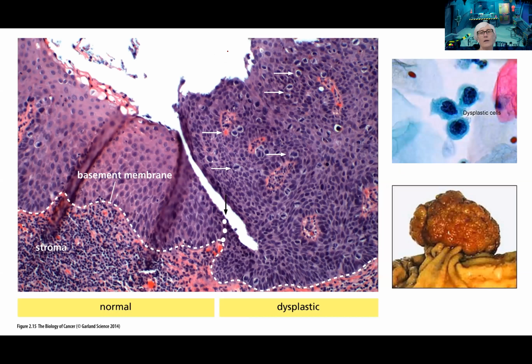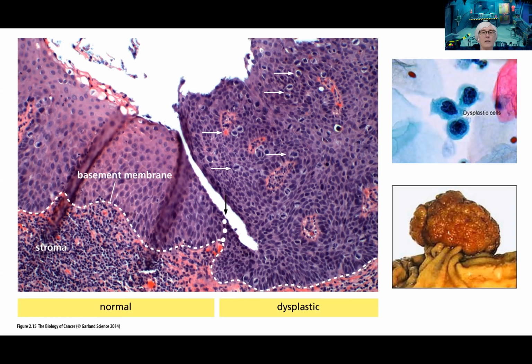Here are a few images, and I'll move my head so that you can see them. A few examples of dysplasia. Right above my head is a pedunculated polyp that might be found in the colon.